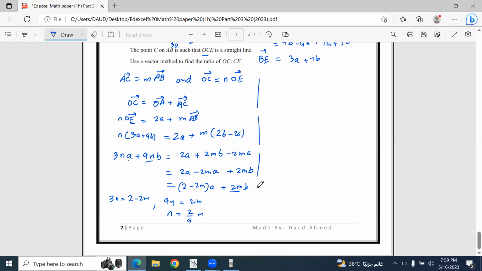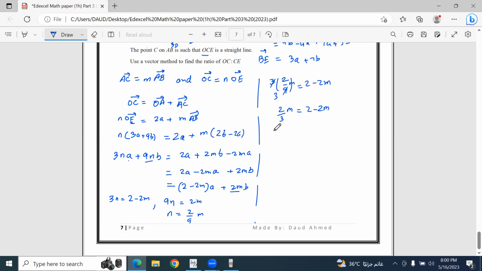So I will replace it in this given equation, which is 3N. So 3 bracket open, I will substitute M over 9, is equal to 2 minus 2M. So we can cancel here. Now we have M over 3 is equal to 2 minus 2M.